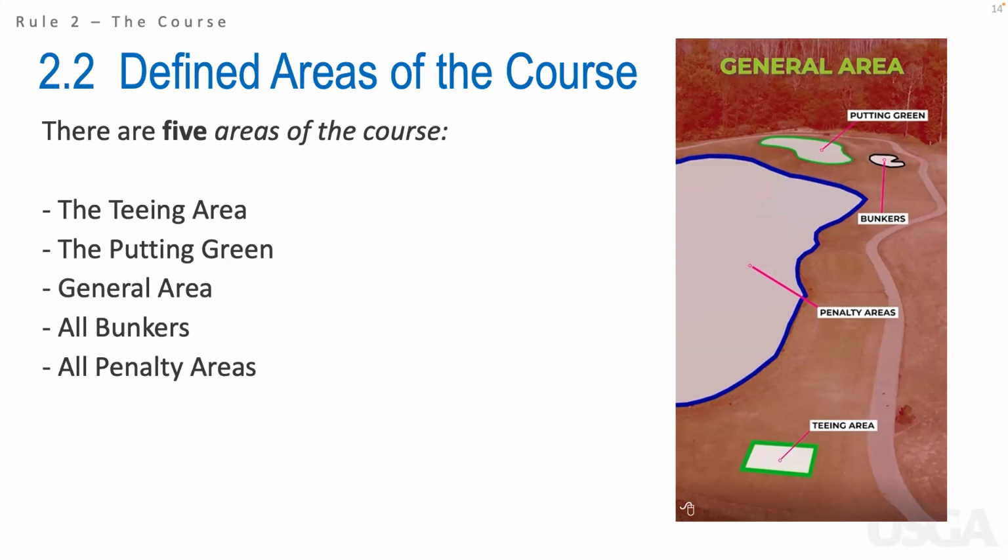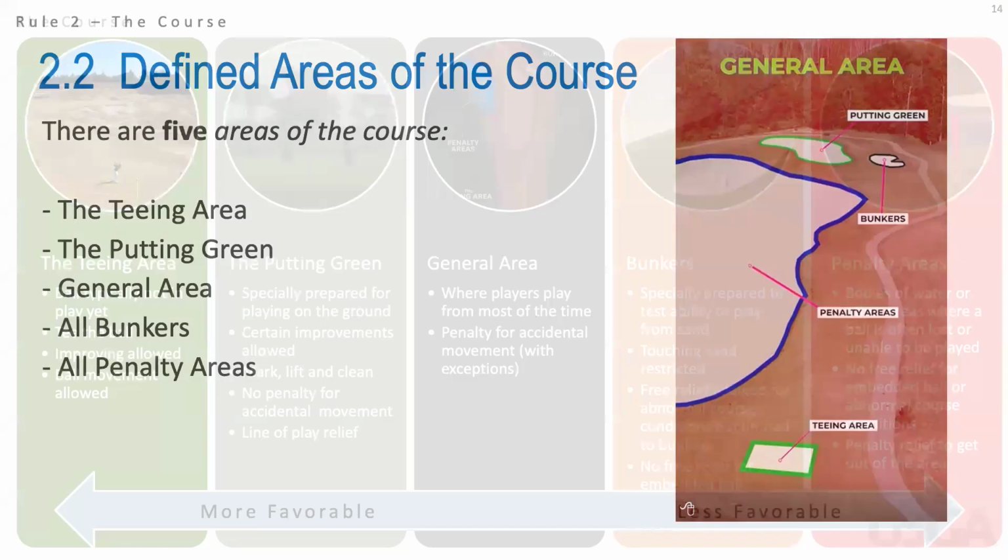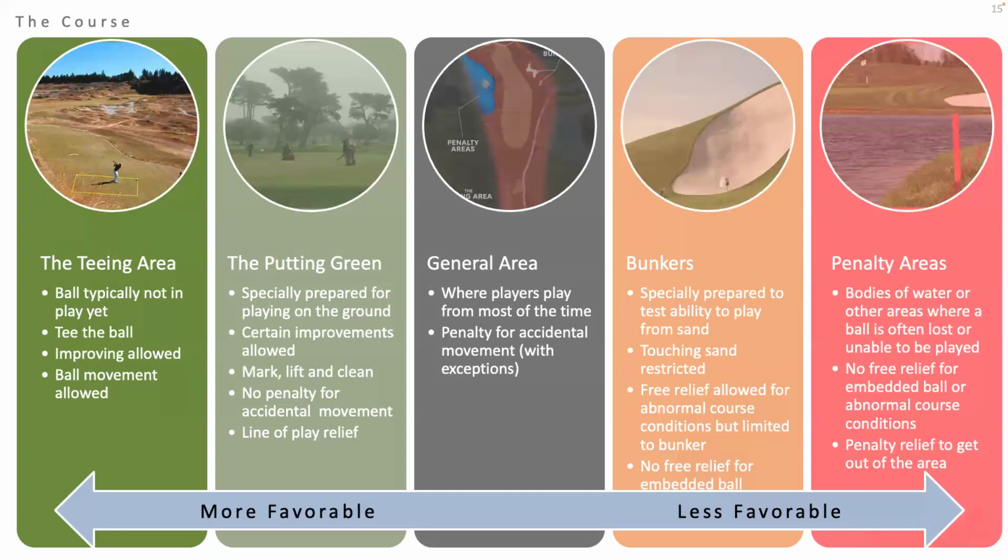You can see in this picture, it's not saying this is fairway, this is rough. It's the general area, the putting green, bunkers, things like that. So this diagram here, or this picture, we'll refer back to it when we change each area of the course.